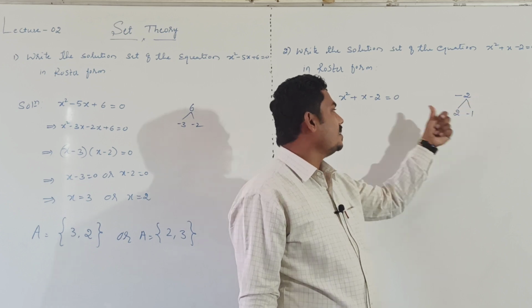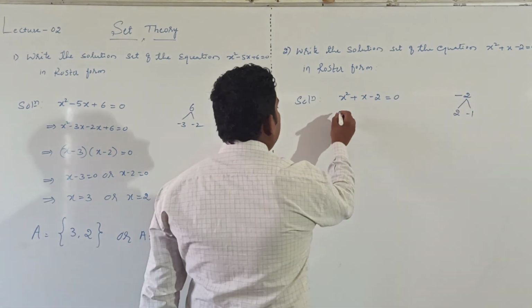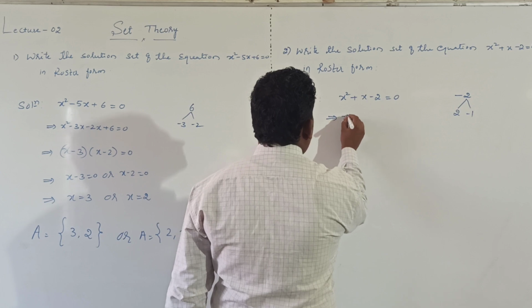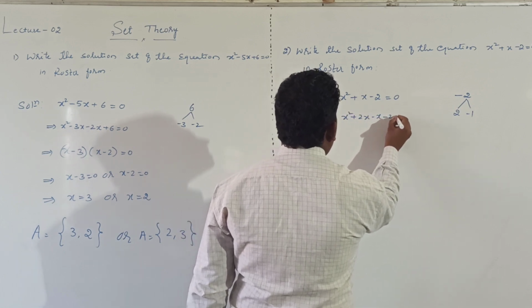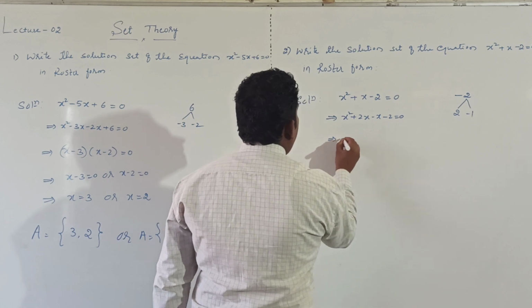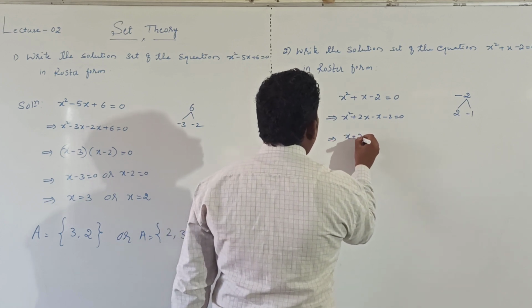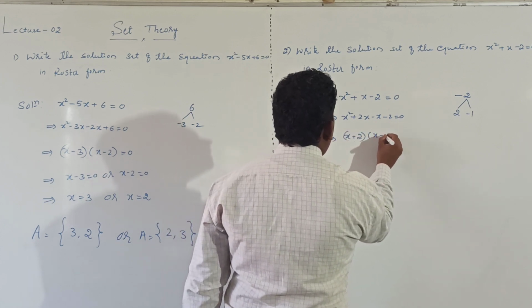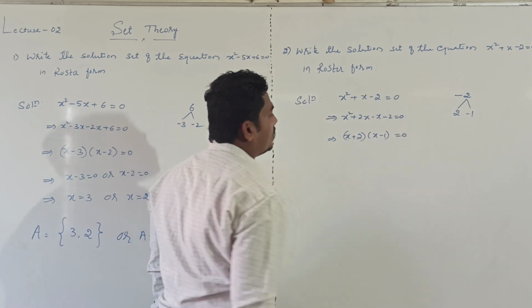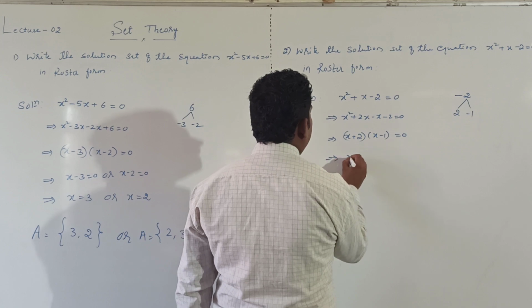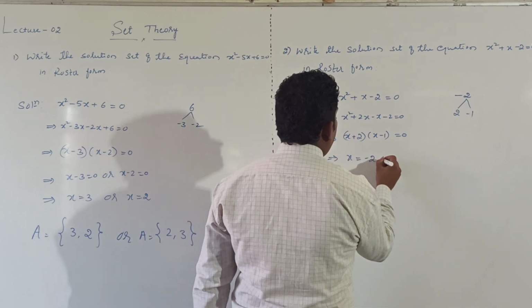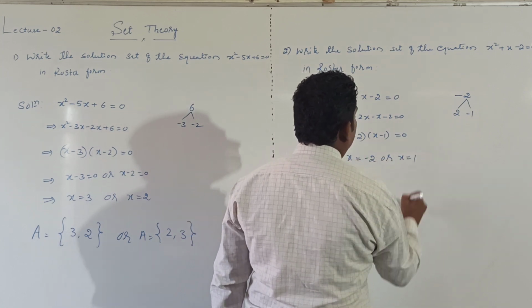If you add these two numbers, you get plus 1. Just by factorization, x square plus 2x minus x minus 2 equal to 0. Then x plus 2 into x minus 1 equal to 0. Lastly, we get x equal to minus 2 or x equal to plus 1.